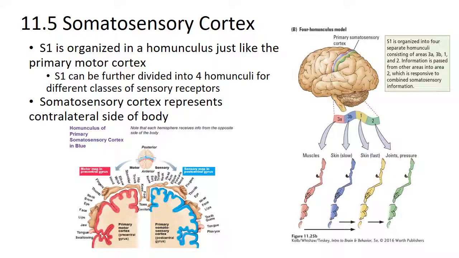The somatosensory cortex, however, has four little strips that code for somatosensory information from different parts of the body. So the muscles, two for the skin, for the slow and fast receptors, and then another one for joint and pressure. And remember that the somatosensory cortex, like the motor cortex, represents the contralateral side of the body.